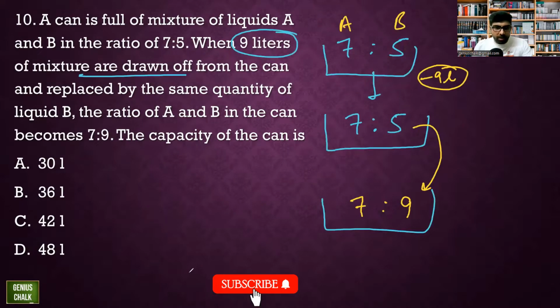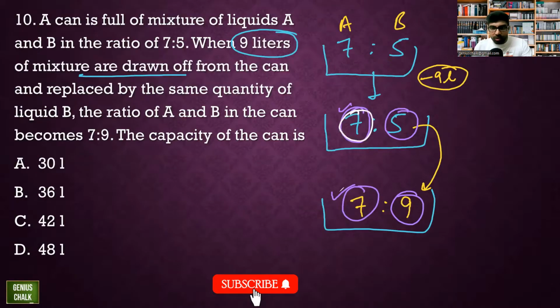Now focus again. What is asked? Because you are replacing quantity B, quantity A has to be the same, right? And you can clearly see that quantity A is the same right now. That is 7 and 7. That means you are adding 4 units.